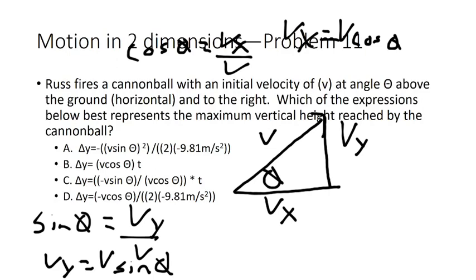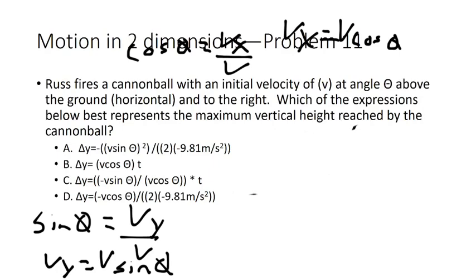So in this case I'm trying to find the maximum vertical height. Remember that vertical motion is dependent on vertical velocities, vertical displacements. So I can forget about the horizontal part of this problem right now, and let's just think about vertical quantities. So my initial vertical velocity is equal to the vertical component of the original velocity, v sine theta.